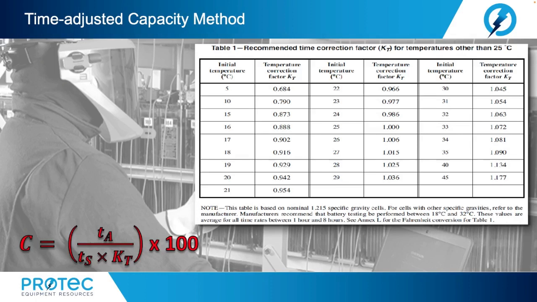When using the time-adjusted method, the timed capacity is determined through the equation shown, where T sub A is the actual time of test to the specified terminal voltage, T sub S is the rated time to the specified terminal voltage, or the published time that we would see in the datasheet, and K sub T is the correction factor for the electrolyte temperature prior to the start of the test.